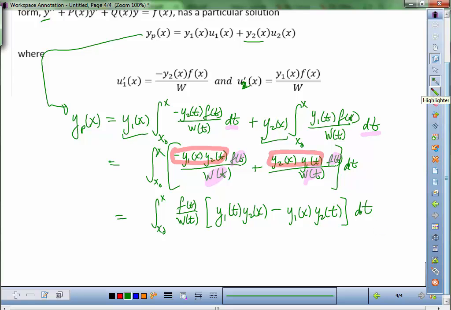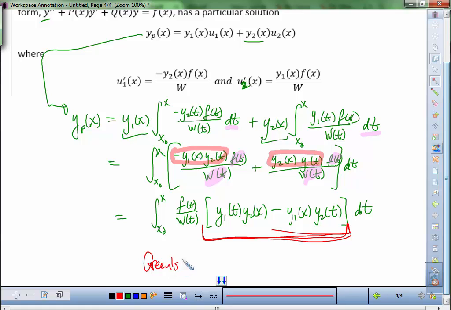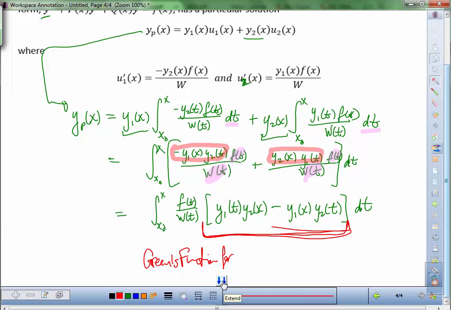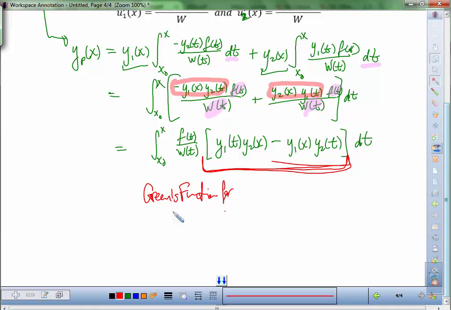So it turns out that this business over here is defined as Green's function. And let's be a little bit more specific. This is Green's function for IVPs. And the notation is G for Green. Now, Green's function is actually a function of both x and t.